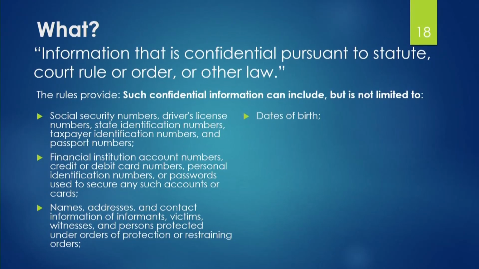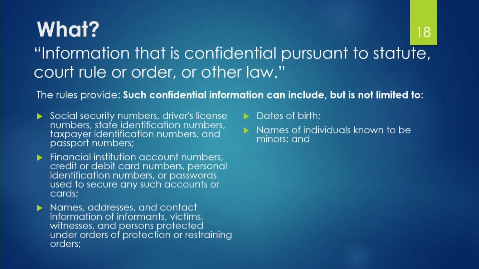Another one that is not going to necessarily jump out at you is dates of birth. We're not supposed to put full dates of birth for anyone, and the problem is simple. That is one part of the information that scammers and fakers can use to obtain information about you and build a false identity, so we don't want full dates of birth.